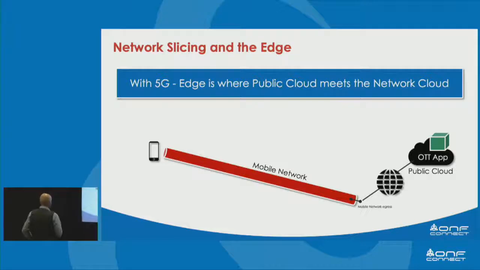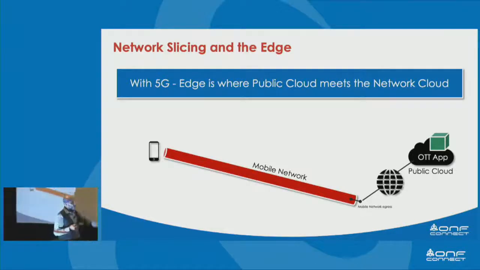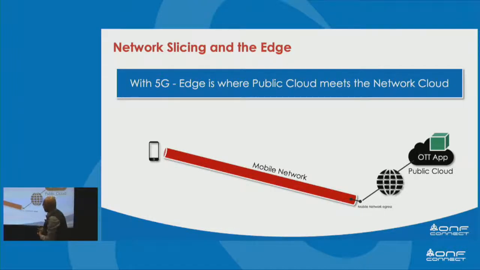So if I have a handset, and that handset wants to reach an OTT application, this is the network, right? I have a mobile network that includes the RAN and the core network with an egress to the internet. And from that internet, you reach the public cloud, and you reach the OTT.